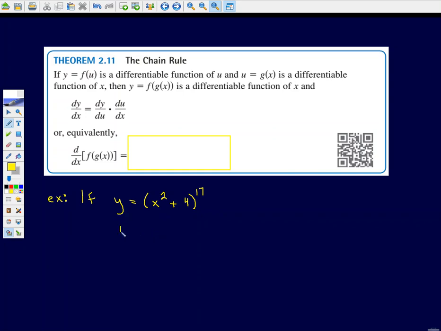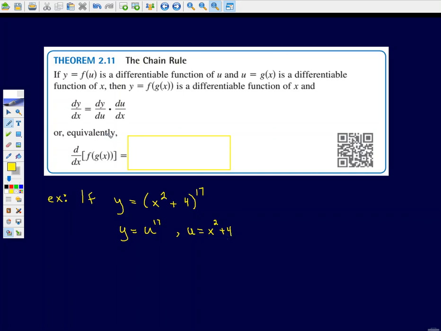I can write it as y equals u to the 17, where u is the expression x squared plus 4. So now this satisfies the hypothesis of this theorem. y is a function of u. In other words, the formula for y involves the variable u. But now u is a function of x. So the formula for u is x squared plus 4.